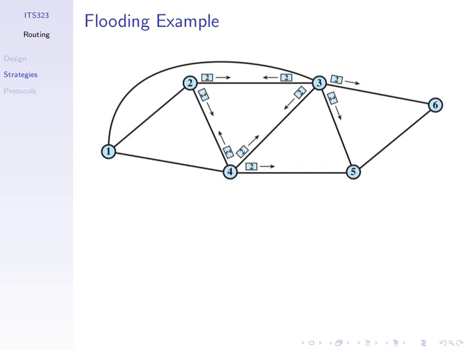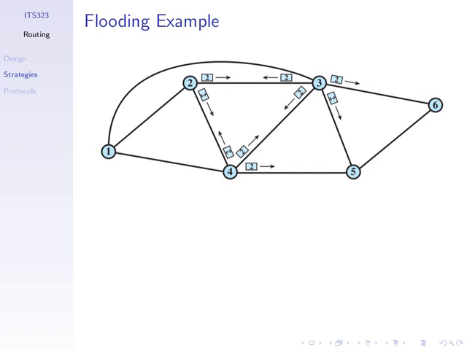Do we know if it's a copy of the original packet or if it's in fact two unique packets with just the same data? Maybe node 1 has sent 2 messages to node 6, both of them saying, please give Steve 1,000 baht. Maybe node 1's intention is to send 2 messages to 6.